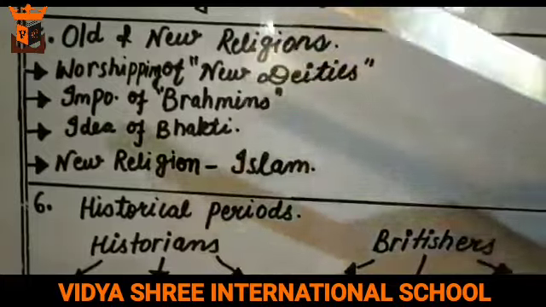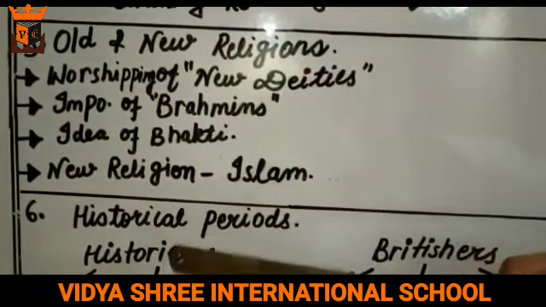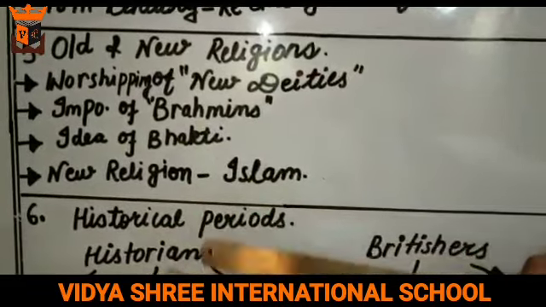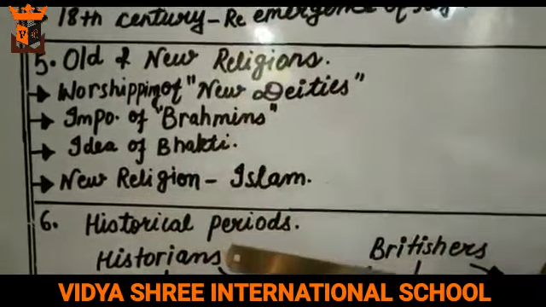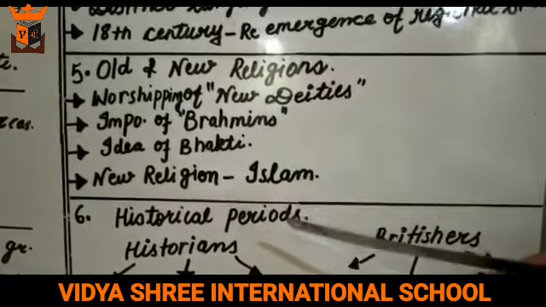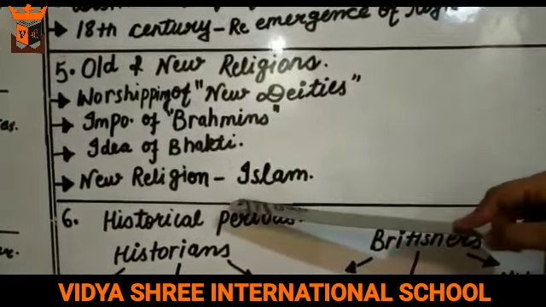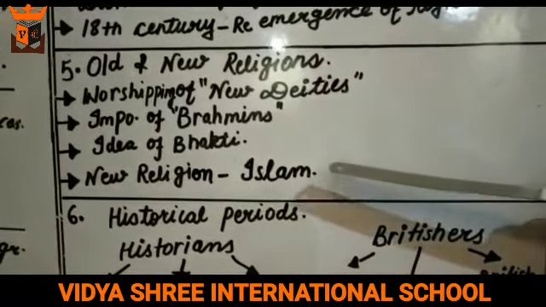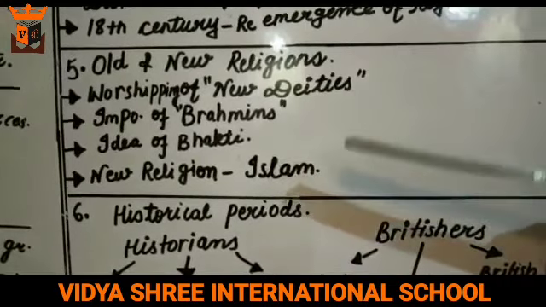And besides this, the idea of bhakti was also one of the major developments in this period, and this was also the period when new religion appeared in this subcontinent. Here I have already explained about the Islam religion which came into existence in this period.